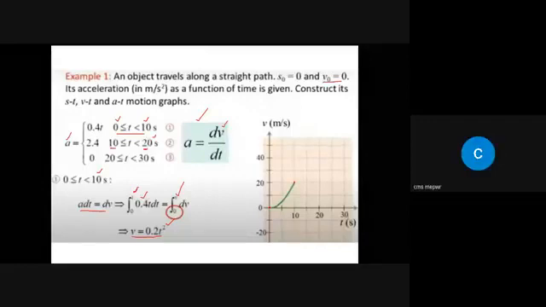0.2 t square, when you put t equal to 10, which is the initial, what value will you get? 20, right?